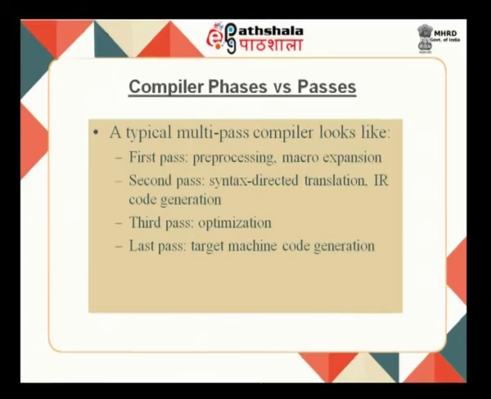So, what happens here is the first pass is pre-processing and macro expansion. The analysis phase then happens in one single pass, verifying whether a particular token is correct or incorrect, and whether a sequence of tokens makes meaningful statements.